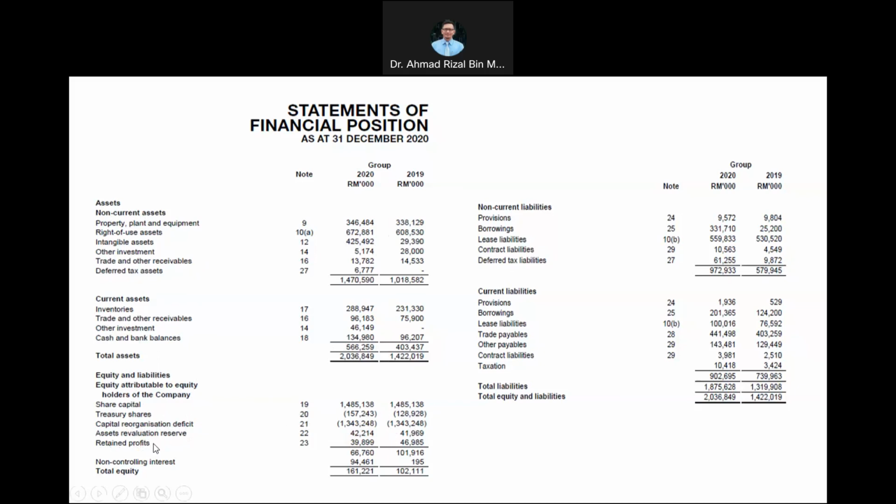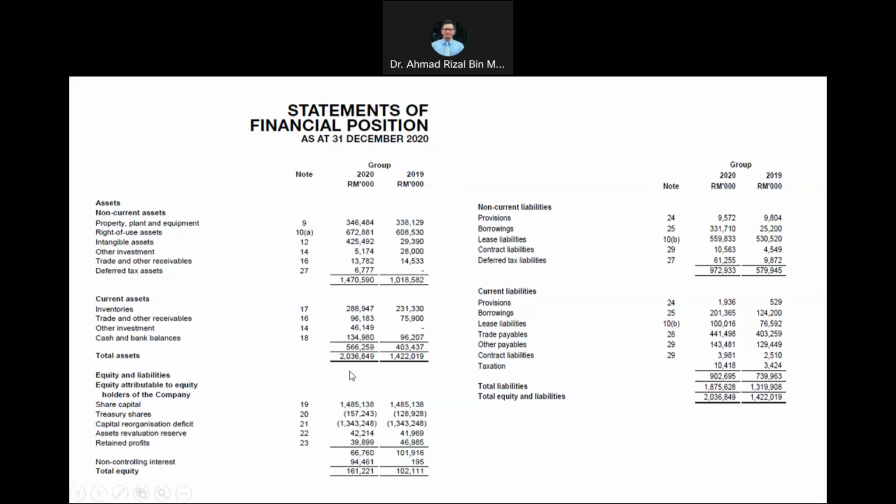So whatever profits that you retain, if there is any balance after you pay the dividend, the retained earnings in the income statement every year would be transferred to the balance sheet here. Normally we call it accumulated retained earnings, or retained profits. And the non-controlling interest here reflects the subsidiary.